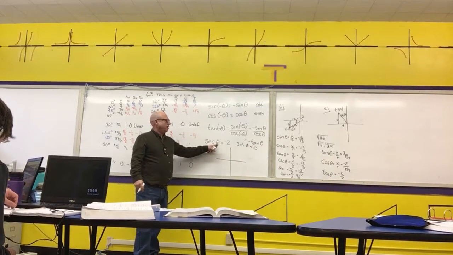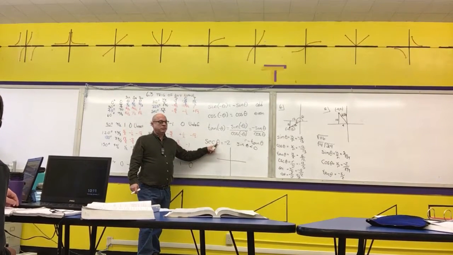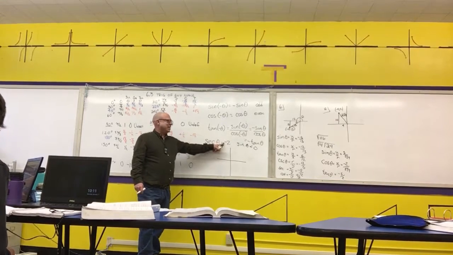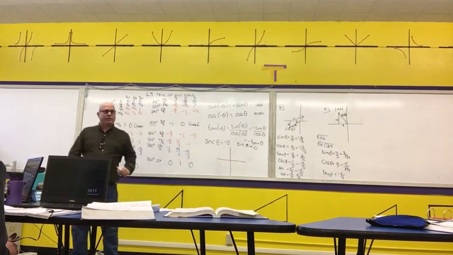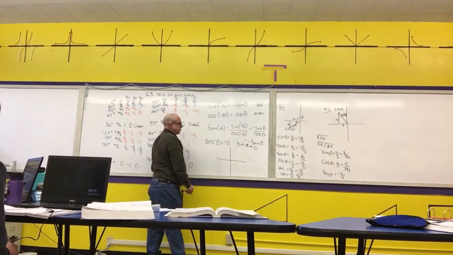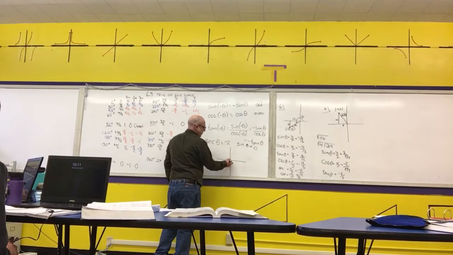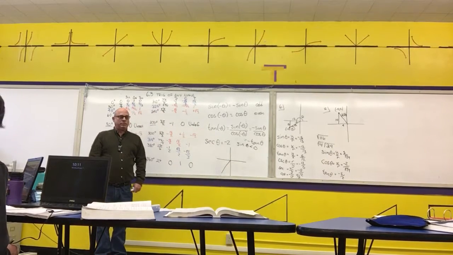Secant is 1 over cosine. So cosine is negative and sine is negative. What quadrant are both sine and cosine negative? That would be quadrant 3. So you're going to draw a quadrant 3 angle.